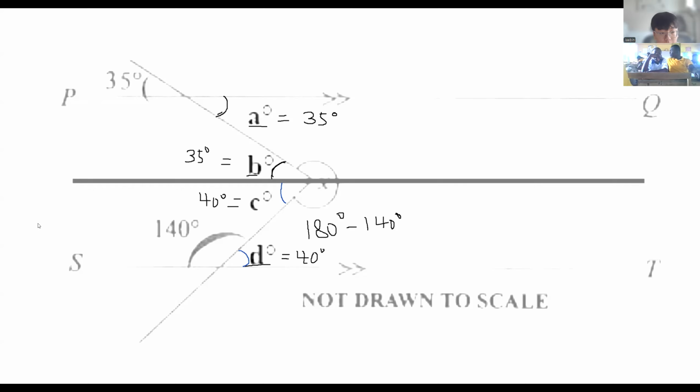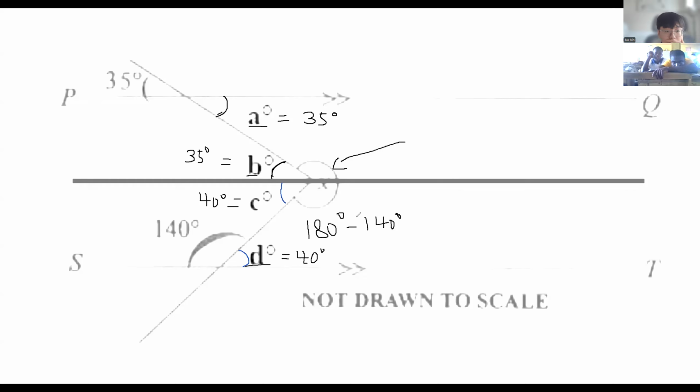Then lastly, how do we find X? How do we find X? F in the middle will become 35 plus 40.